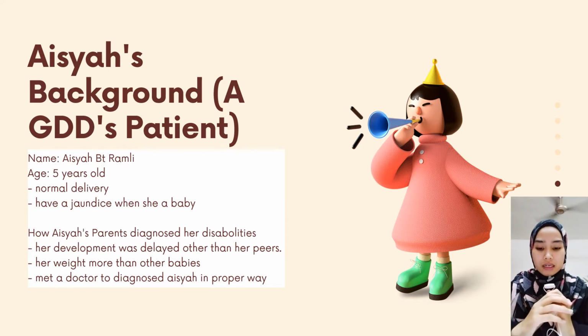And how Aisyah's parents diagnosed her disabilities: first, from her weight, which was not normal compared to other babies. Aisyah's weight was more than other babies. Physically, Aisyah is not like other children, and she cannot read at this age.